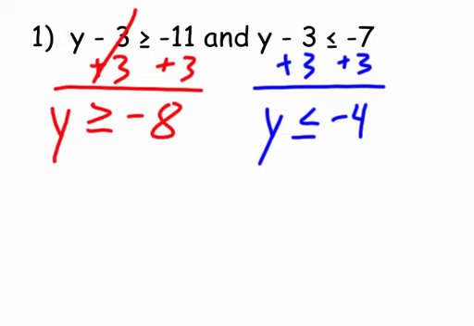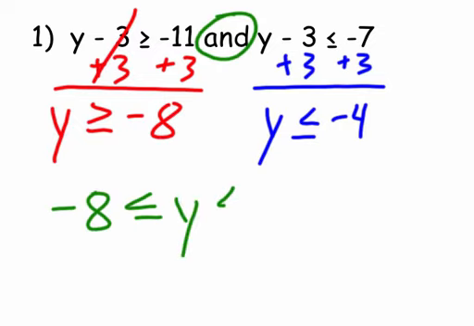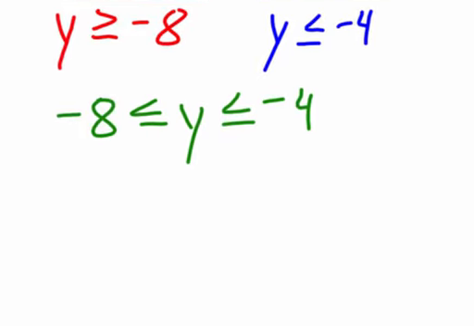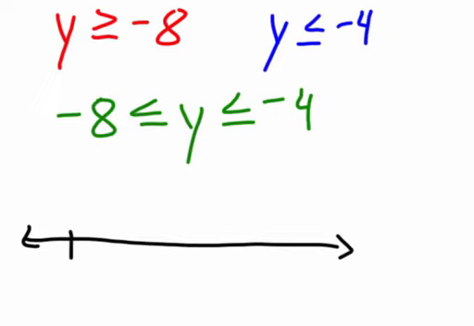Well, like I said, anytime it's "and", I can write it as one inequality. So I start with my smallest number, negative 8, and I've got the pointer going at negative 8. So I say negative 8 is less than or equal to y, which is also less than or equal to negative 4. And then I could graph this. So I usually just start one to the left of negative 8.